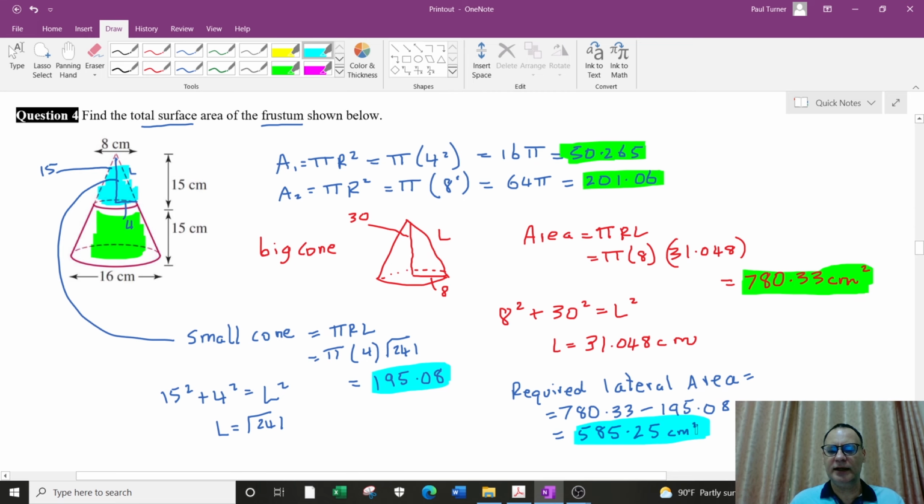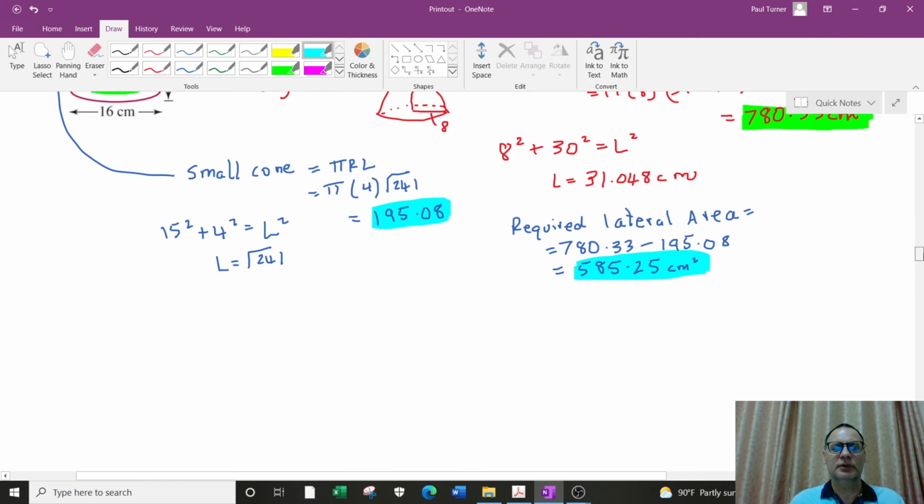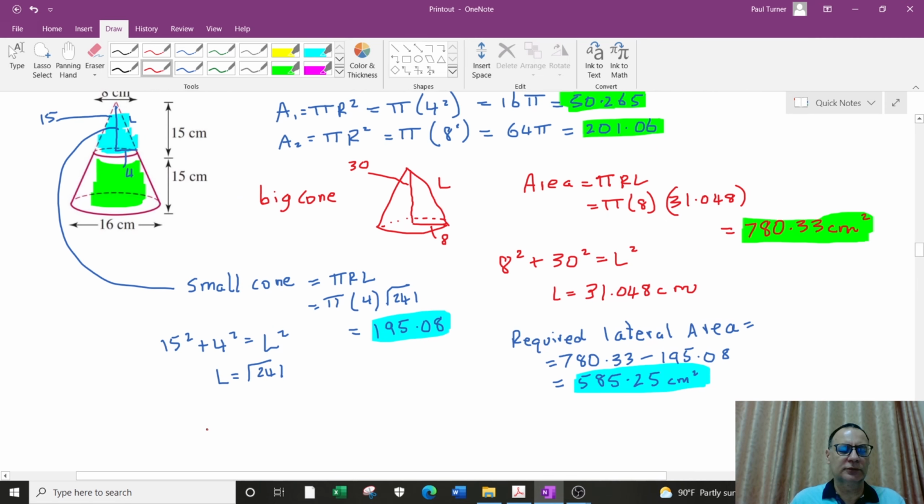So what we need now is to add our three areas. So our total area is the sum of the three areas, the top circle, the bottom circle, and the lateral area.